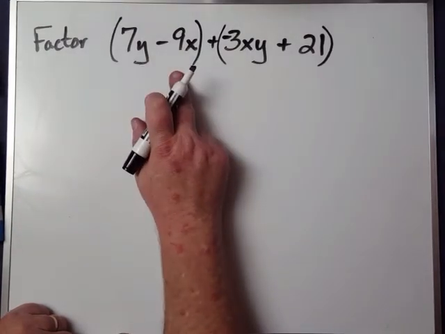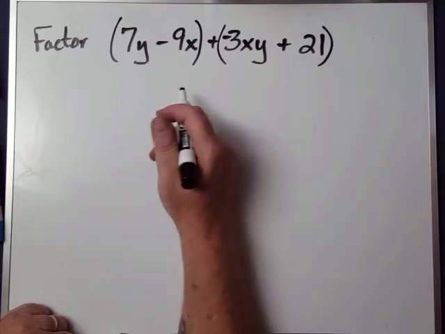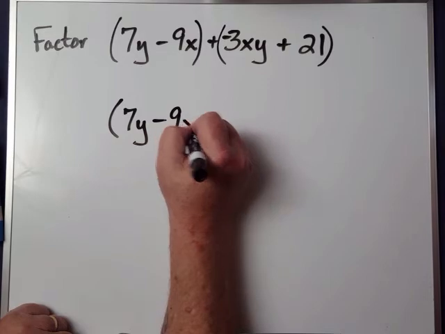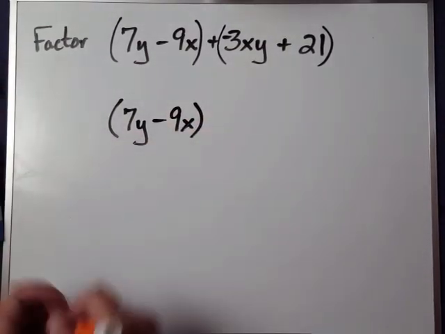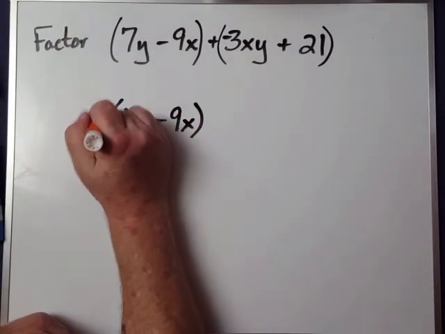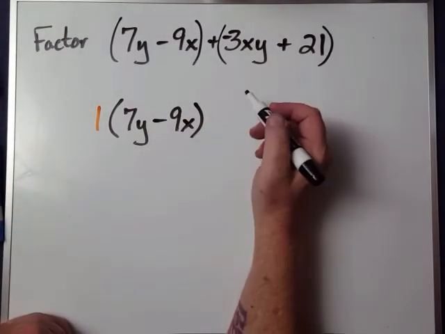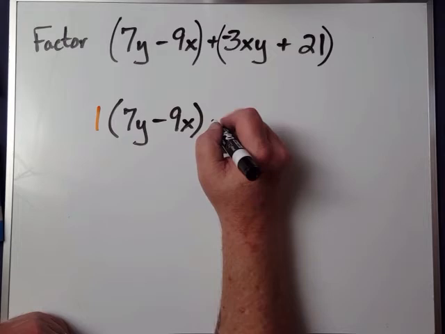Out of the first pair, well, greatest common factor is 1. There's nothing wrong with that. It just means that in a minute we might have to recognize that there's a 1 sitting there. Out of the second pair, greatest common factor is 3.